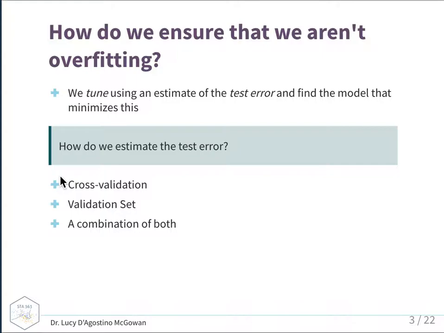In that case, it's totally appropriate to just estimate and pick your model using cross-validation, and then report the test error from that cross-validation. That's going to be an appropriate estimate of the test error. It might not be exactly the same as the estimate you get locally when you split the data set, but in the long run, if you did this many, many times, you'd expect those errors to converge and be similar.